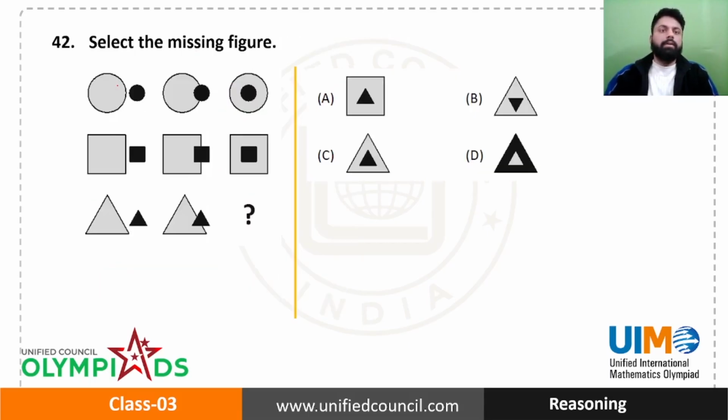Select the missing figure. Circle, this bigger part is here, just next to each other. This is now overlapping and this is exactly in the middle. Outside, overlapping, then it has to be like a triangle, and then exactly in the center, we will have this. C option is the correct answer.